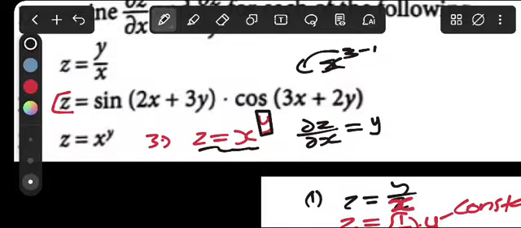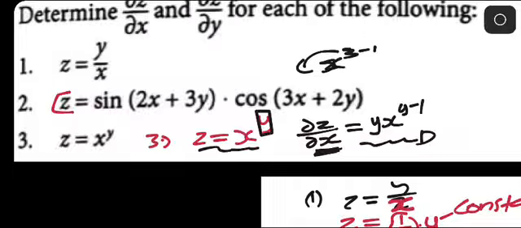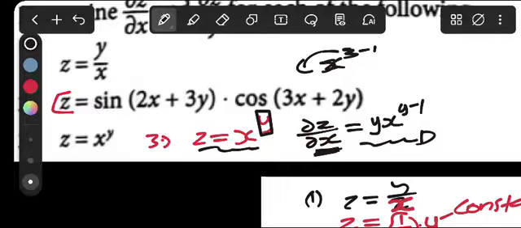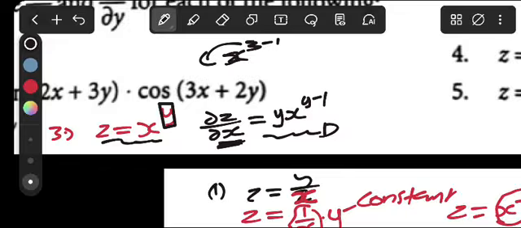You drop the exponent, which is y, and you have x to the power of y minus 1. So this is what you have so far.